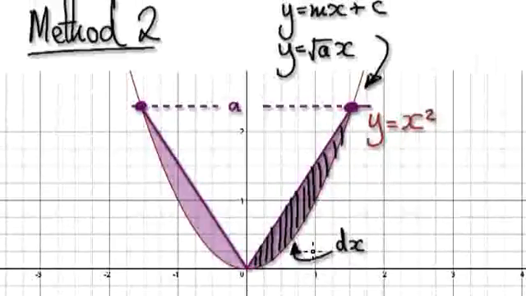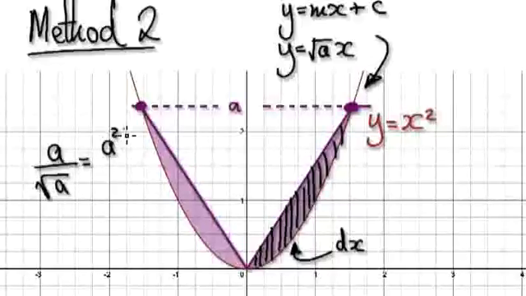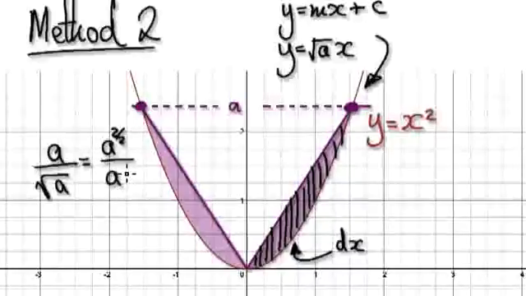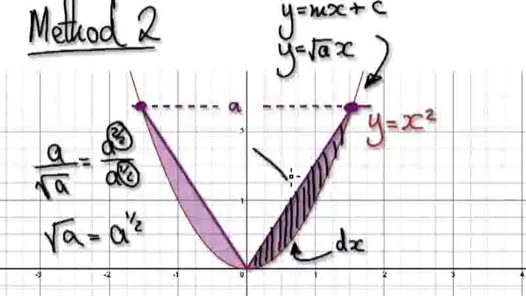So now, A divided by root A is the same as A to the power of 2 over 2 divided by A to the power of a half. So take away the powers, and that would be A to the power of a half, which is root A. So the gradient here is root A, no matter where A is.